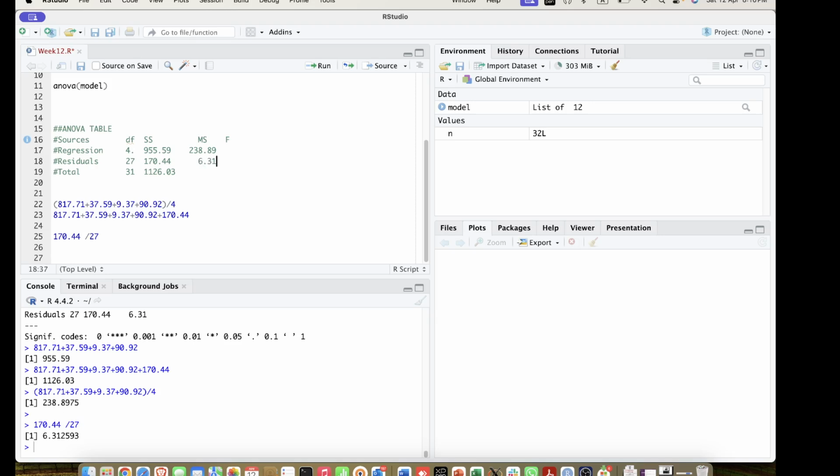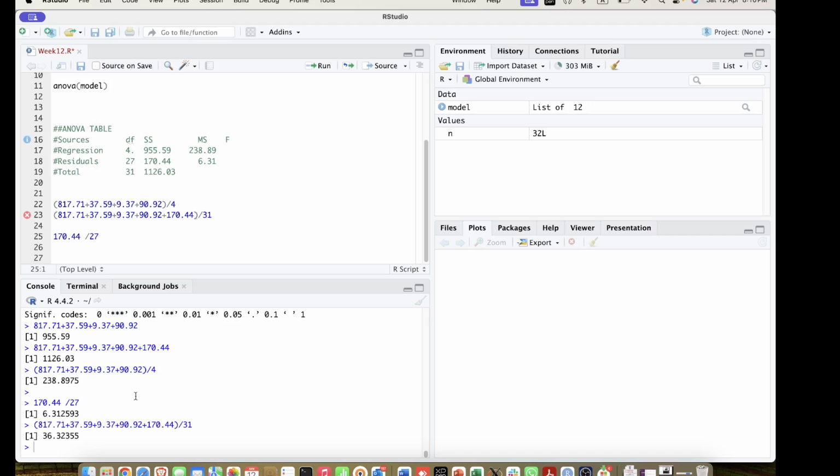Okay, and this one is total, so this total thing divided by 31, n minus 1, is 36.32.